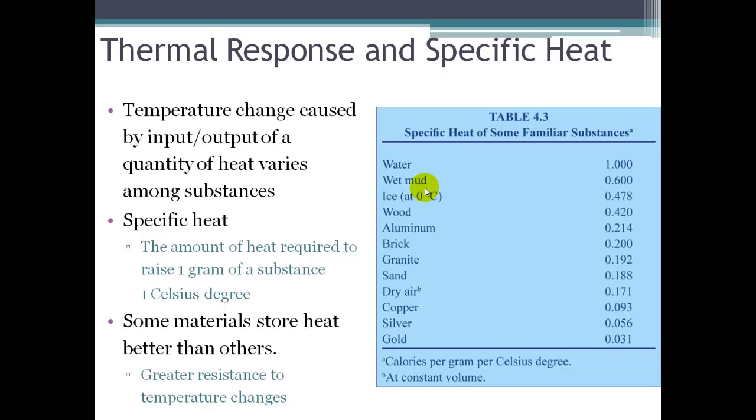A good example of this is water at the beach. If you go to the beach on a hot summer day and you're walking along the water barefoot, you'll notice that the sand is very hot. It's been heated by conduction and it gets hot quickly. Whereas the water may feel cool because it heats much more slowly.